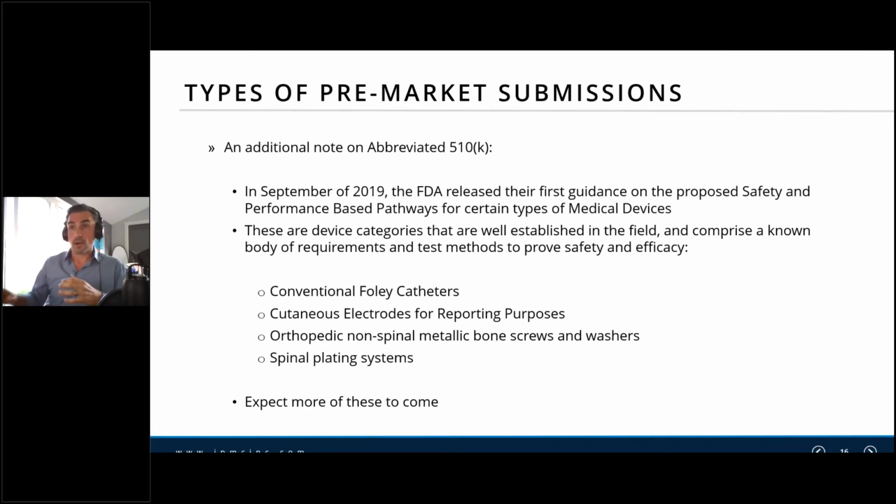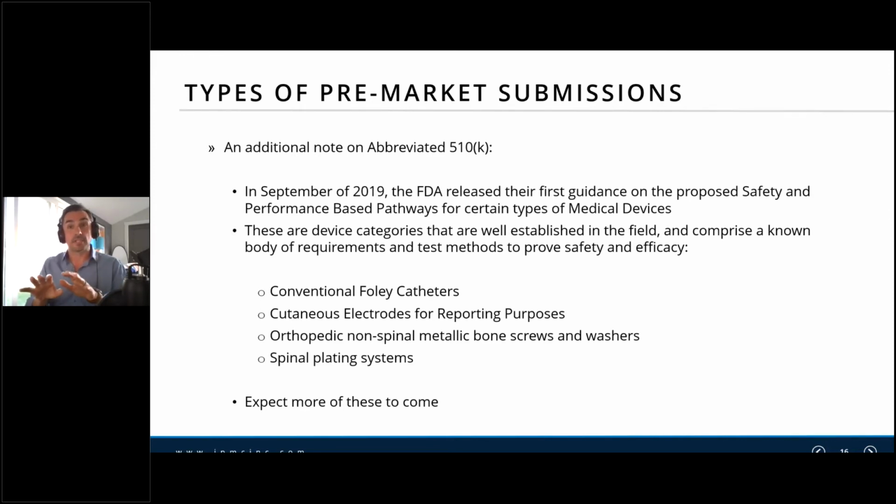What they're not going to be are, if you remember back a couple of slides ago when we talked about high-risk products, you're probably not going to see a lot of abbreviated 510Ks in, say, the infusion pump marketplace, but you're more than likely going to see a lot of these shooting through the orthopedic market space, possibly, I wouldn't say meshes, but there's a number of, we can talk about meshes. Maybe you can, if you want to talk about meshes, give me a call offline.